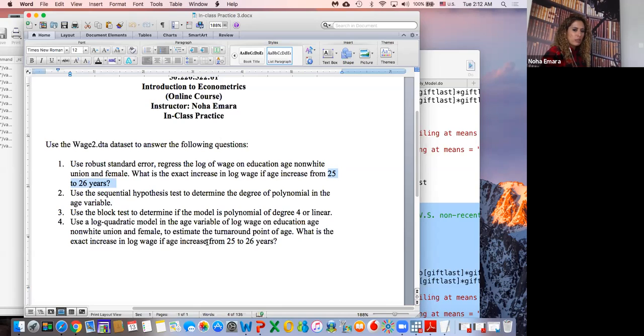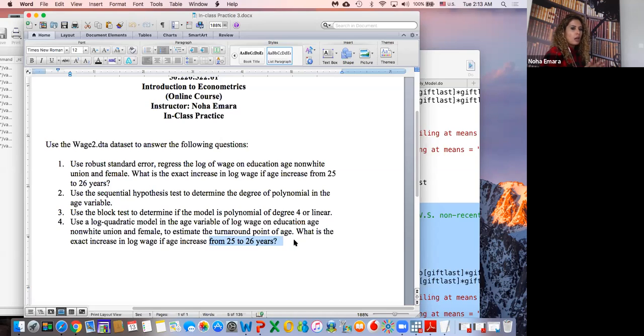If the change is small, which is like here, 1 unit, then the difference between exact and approximate would be very, very close. But if the change is, let's say, between 25 and 35 years of age, which is an increase by 10 years, then I would find the difference between the exact versus the approximate change.